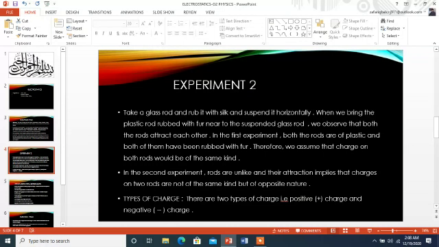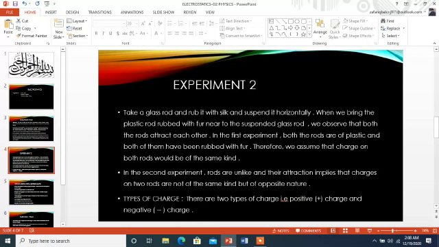One is a glass rod and the other is a plastic rod. The glass rod is rubbed with silk and the plastic rod is rubbed with fur. Due to this reason, they acquire opposite charge and they attract each other.